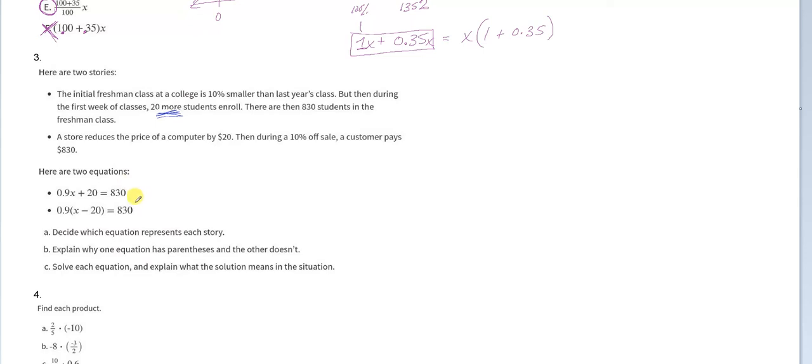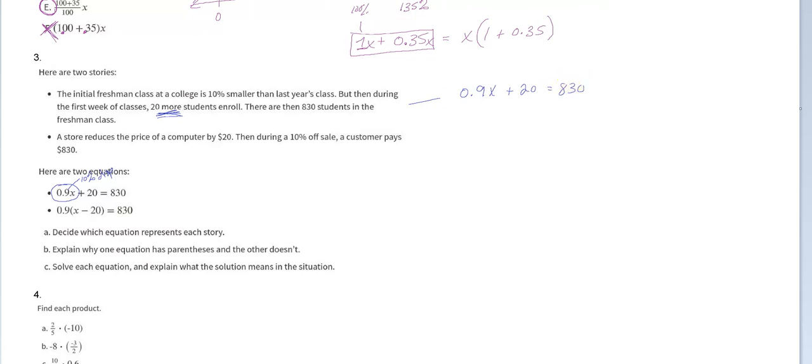If x is representing last year's class, this expression would represent a 10% drop because we're 90% of what we used to be, plus the extra 20 that enrolled the first week of classes. So I'm really leaning toward this one matching up with 0.90x plus 20 equals the total of 830.